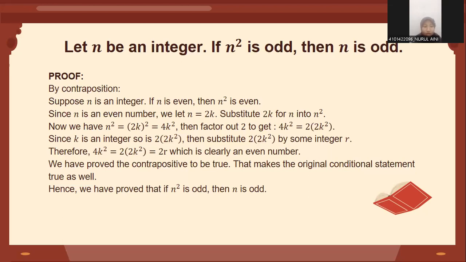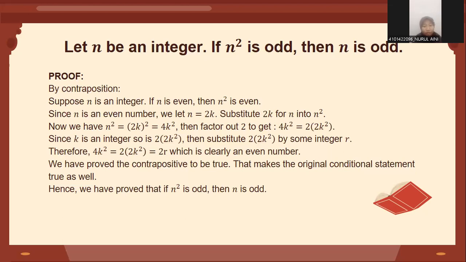We just substitute the 2k squared by some integer r. Therefore, we could get 2r, which is clearly an even number, because everything that we multiply by 2 must be an even number.